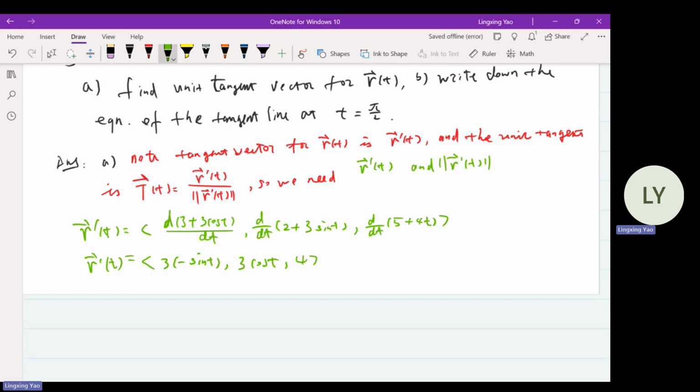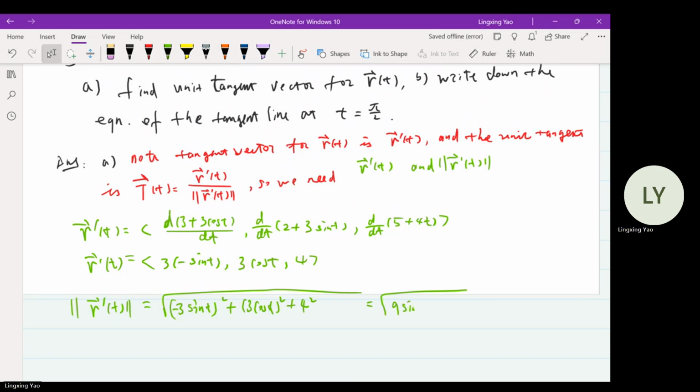But to answer the first part, we need to find the length of this, which is negative 3 sine t squared plus 3 cosine t squared plus 4 squared. So this is 9 sine squared t plus 9 cosine squared t plus 4 squared, which is 16. So 9 sine squared plus 9 cosine squared is 9. So this is 9 plus 16, which is square root of 25. So the length of the tangent vector is square root of 25, which is 5.